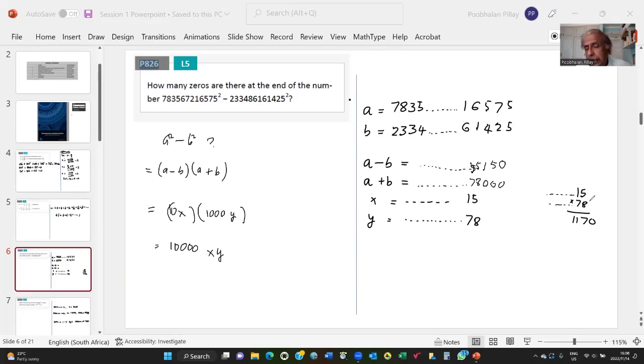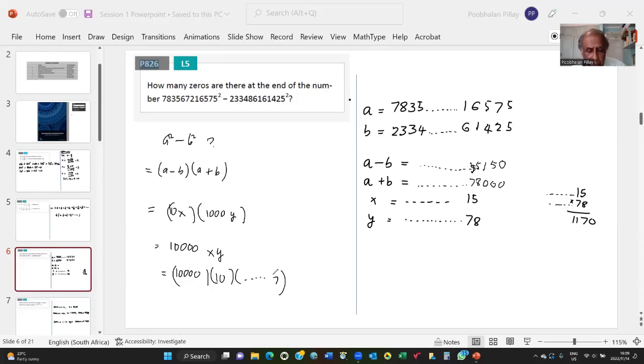When you multiply this out, you're interested only in what happens at the end. So xy is 10 times something. So you've got 10,000, and xy is 10 multiplied by some number which finishes off with 17.